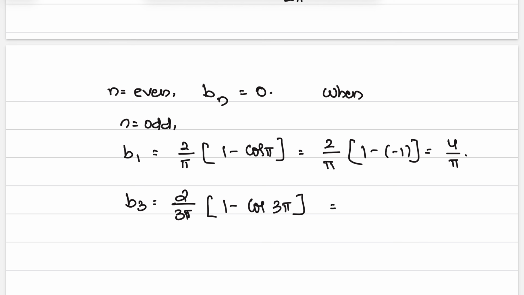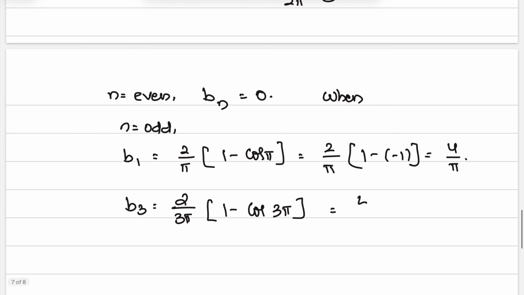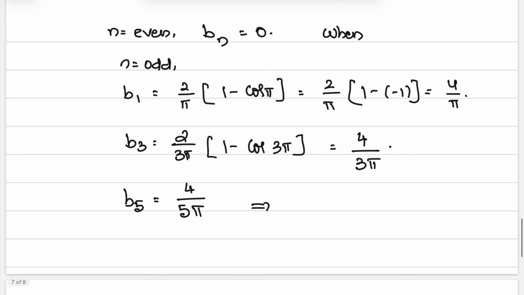In this way, what we get is 4 by 3 pi. When n is equal to 5, we can say 4 by 5 pi. That implies Bn when n is equal to odd is 4 by n pi.